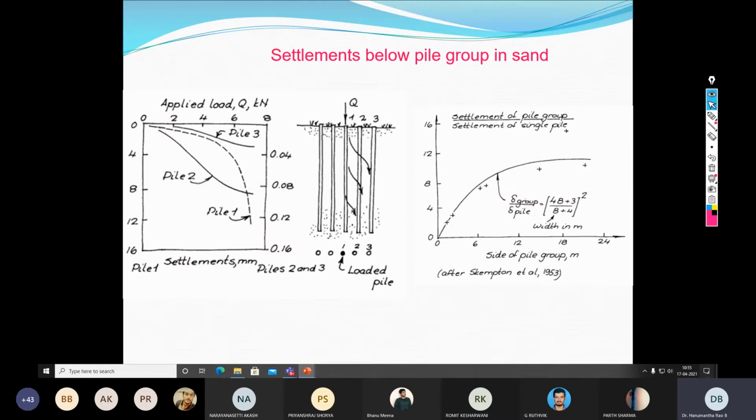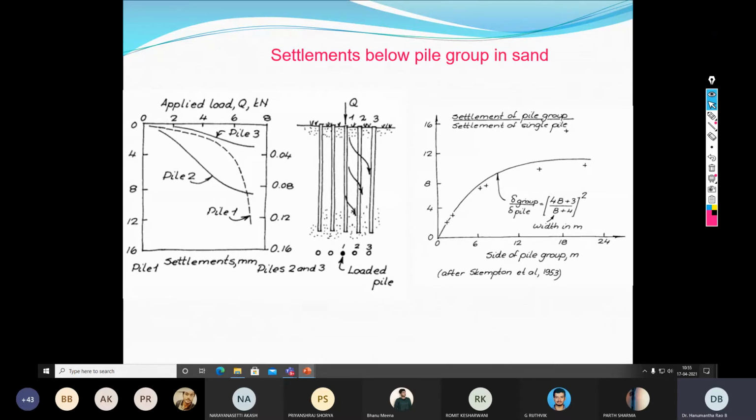Okay, so that is one aspect of the pile group. The other aspect of the pile group is how to determine the settlement, because since the beginning of the foundation engineering, I have kept on insisting about two important things.